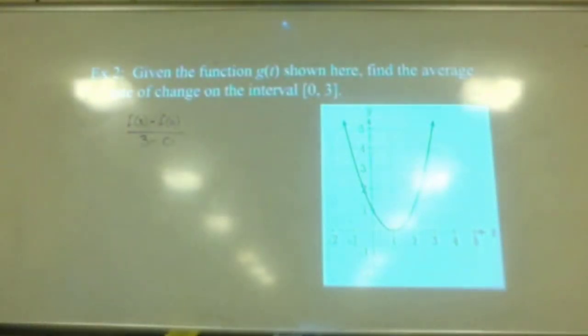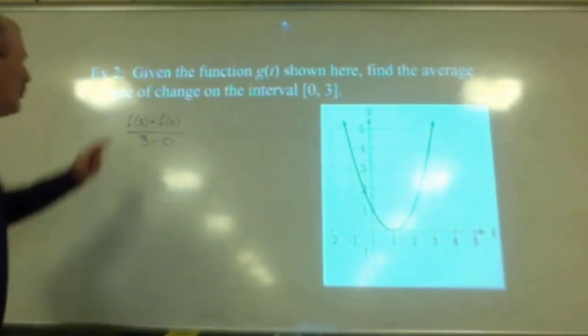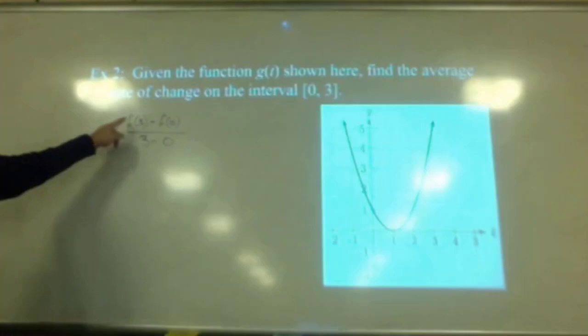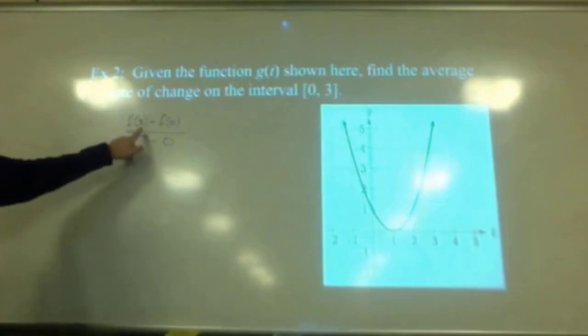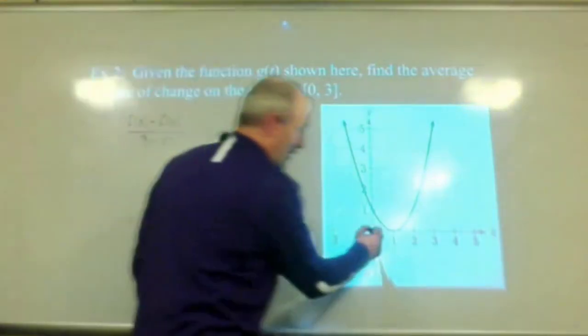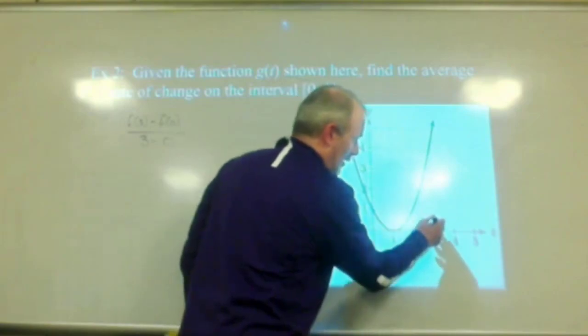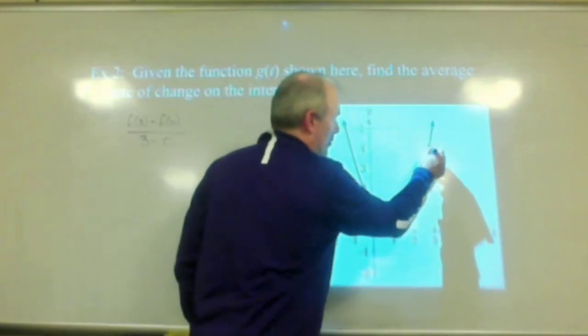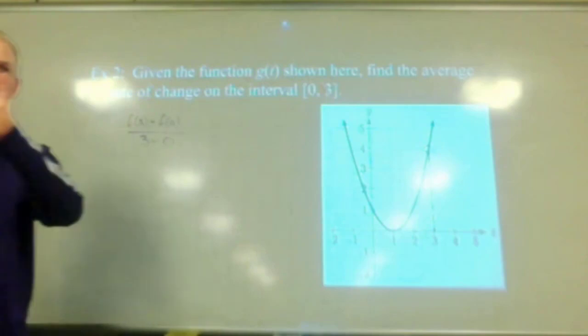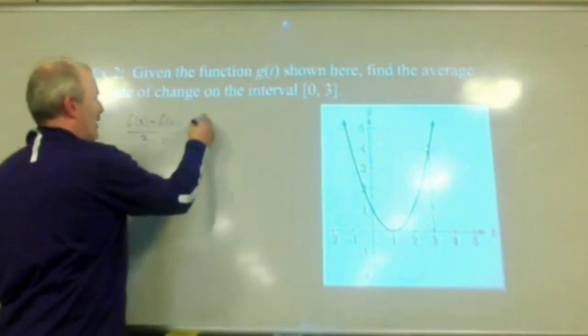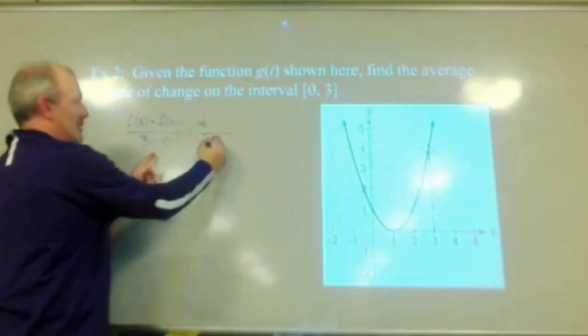So now we have to remind ourselves back an hour or so. What is f of 3? That means the input is 3, right? The x value is 3. So we go over here to 3, and we go up to find the output value, and the output value is 4. So that's going to be 4 on the top, and we know the bottom turns into 3, right?